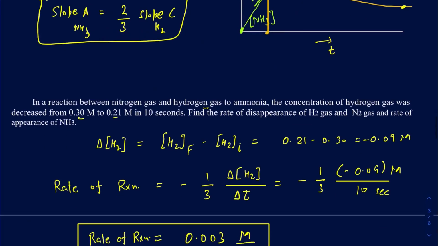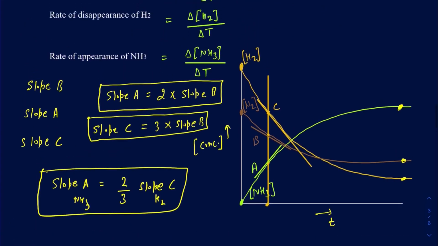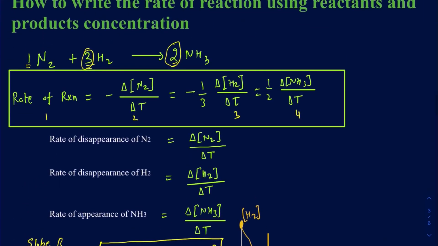So that's exactly what we have down here. The bottom line or the take-home message here is to be able to write the rate of the reactions with respect to the reactants and products, and be able to identify the terms like disappearance, appearance, and how you're going to be converting among one another.